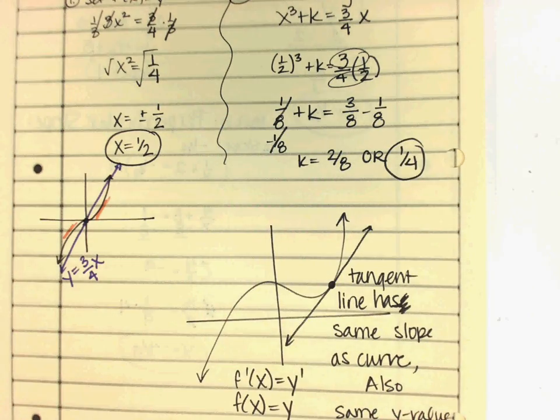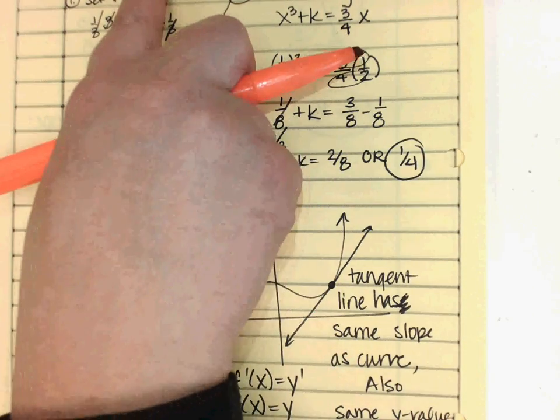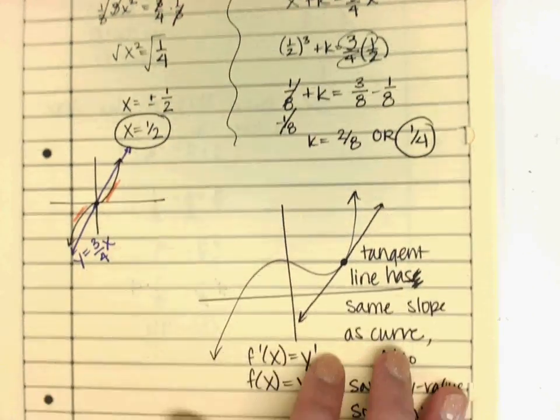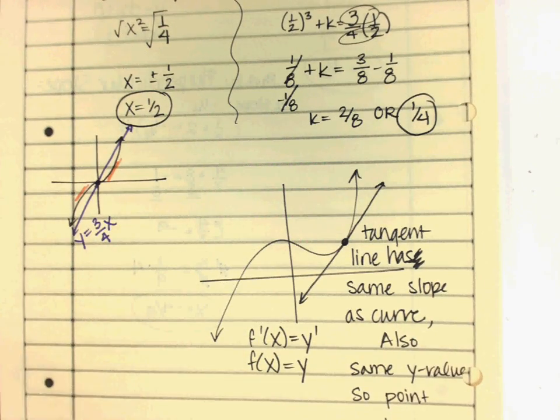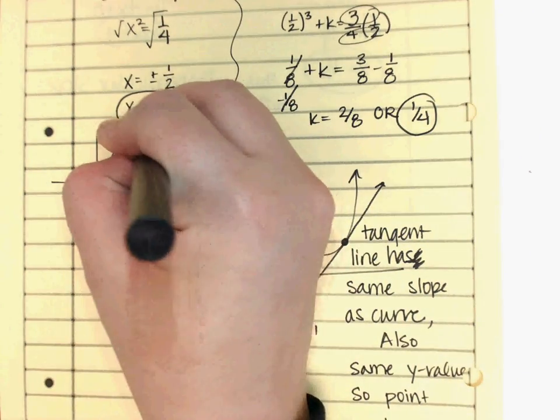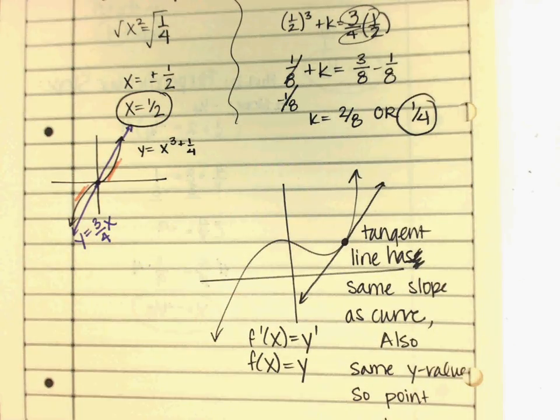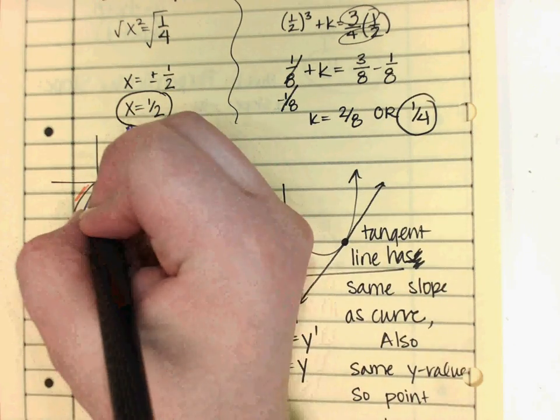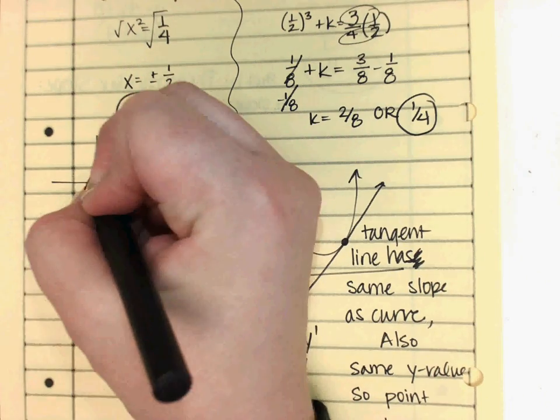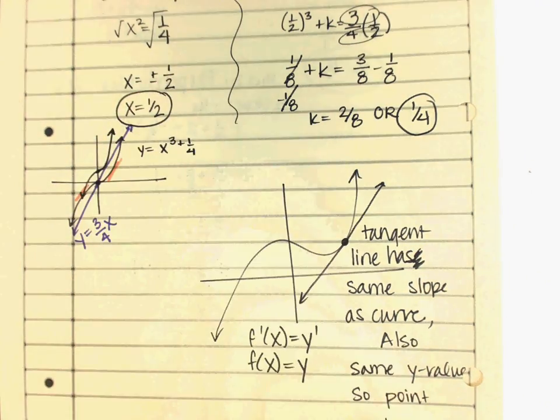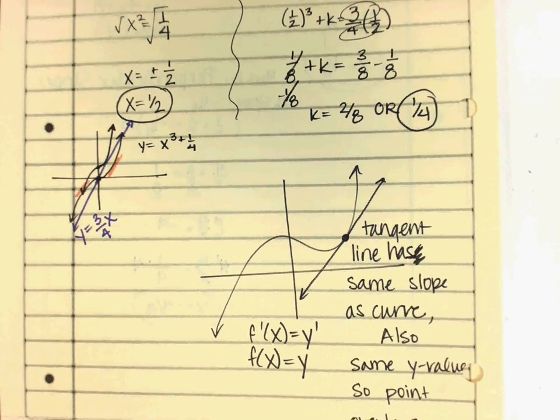Okay, but what was my k that I had to plus to the x cubed? A fourth. So look, watch. If I graph y equals x cubed plus a fourth, what that's going to do to my cubic graph is bump it up to where it ends up perfectly touching my little curve and being tangent.